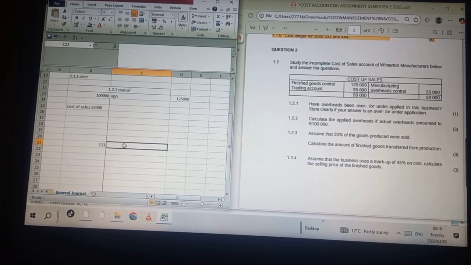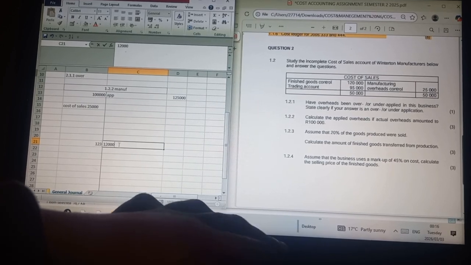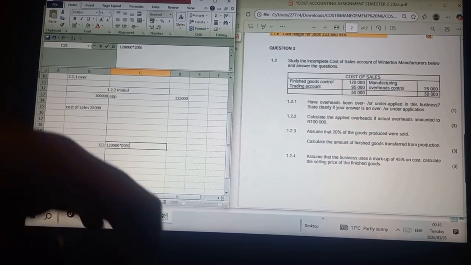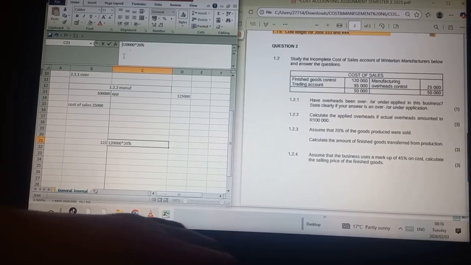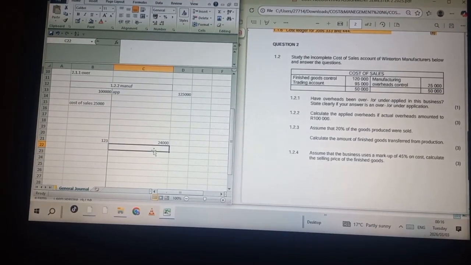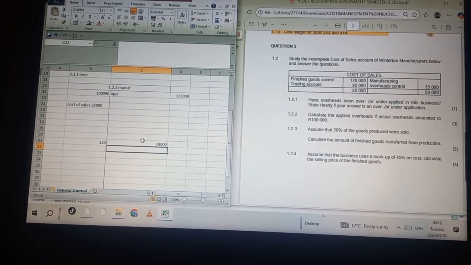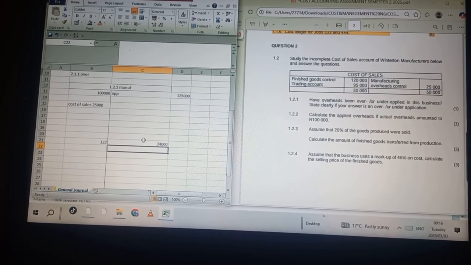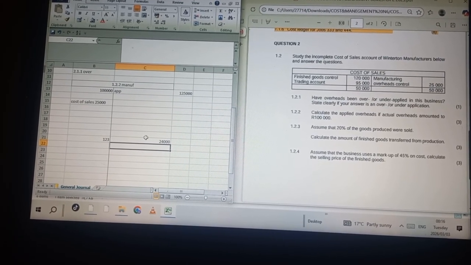You just say 120,000 times 20%, which is 24,000. 24,000 were goods that were sold. Calculate the amount of finished goods transferred from production.